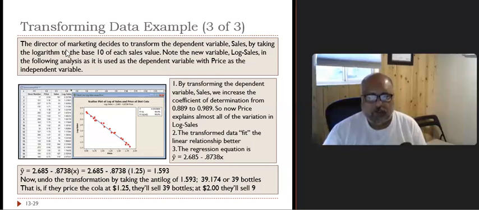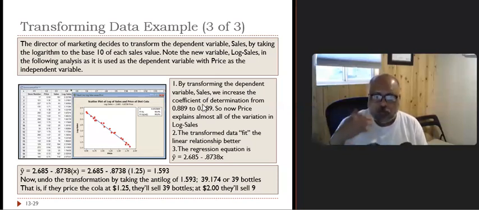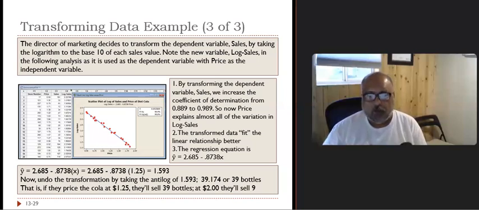The director of marketing decides to transform the dependent variable, sales, by taking the logarithm to the base 10 of each sales value, basically trying to improve the prediction. The dependent variable is sales. The coefficient of determination was 0.889, given by this software when we use the regression analysis here.